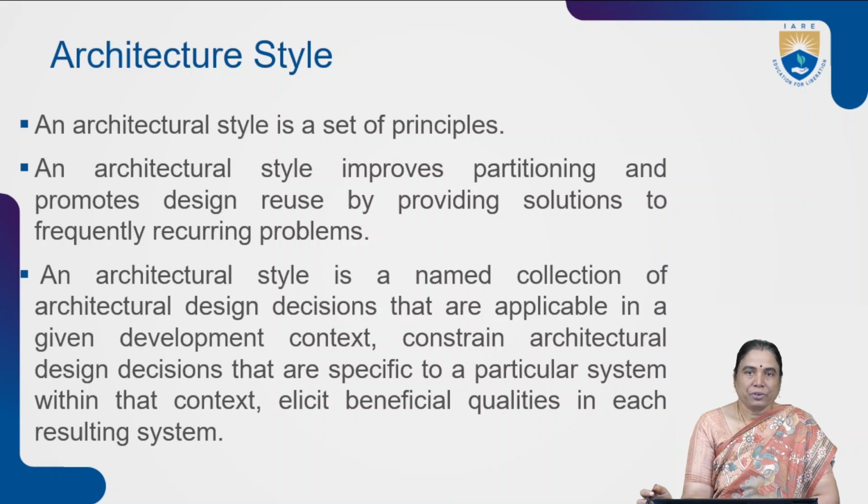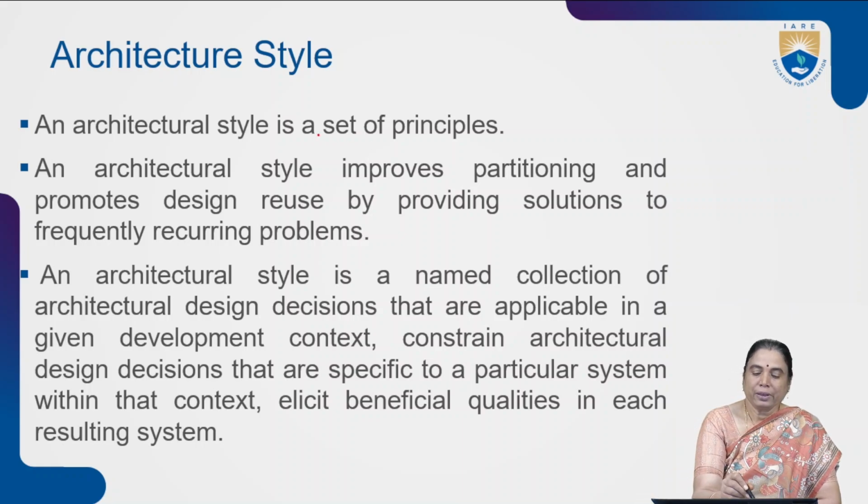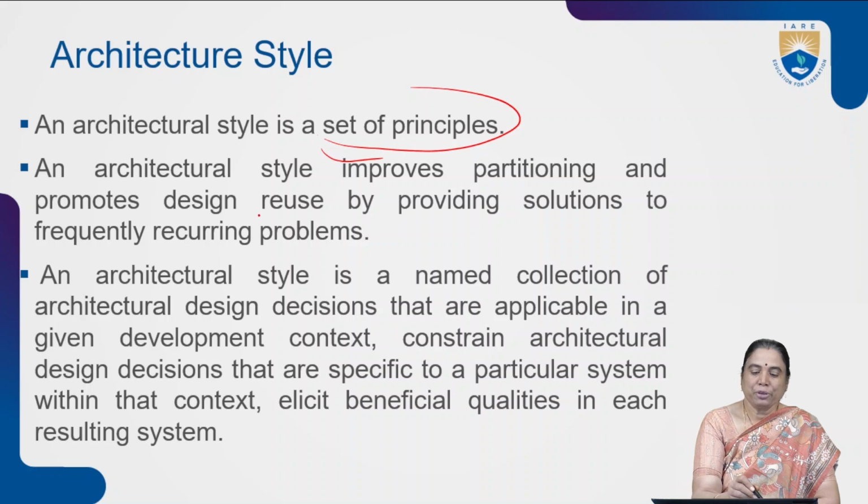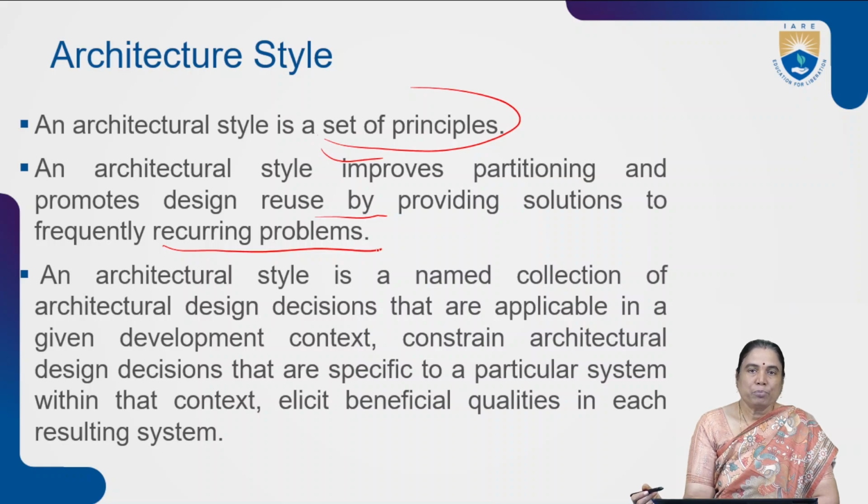A variety of architectural styles are available. An architectural style is a set of principles. It improves partitioning and promotes design reuse by providing solutions to frequently recurring problems. So reusability is possible with the architectural style.